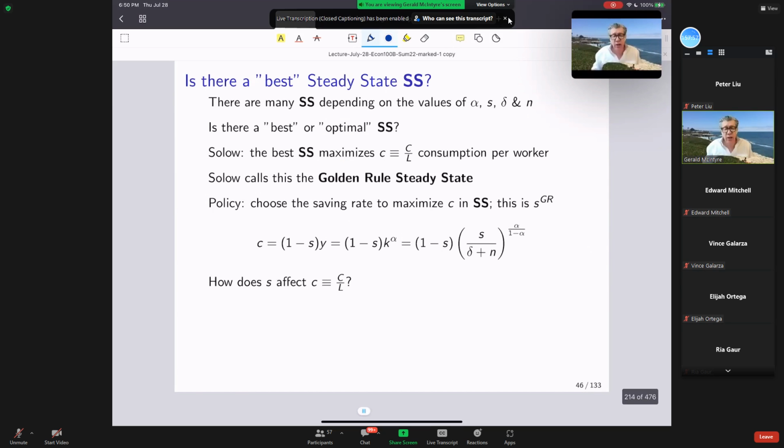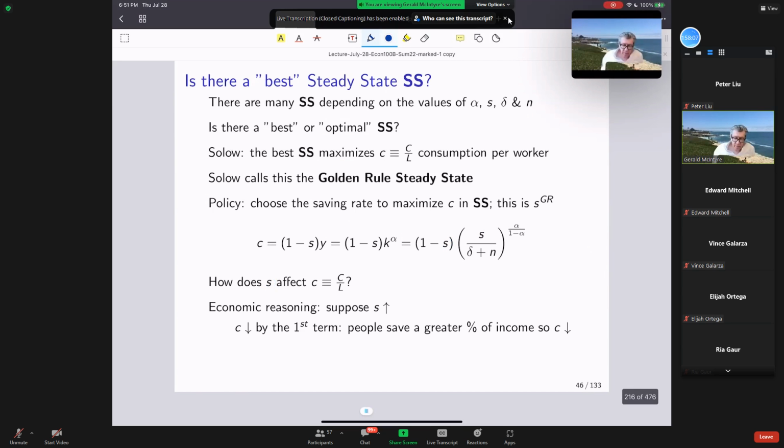So I would change savings. But notice the savings rate is in two places. It's in here, and that's in here. If savings increases, then this term rises, and because of the negative sign in front, consumption would fall. The idea is that if people save a greater percentage of their income, consumption, other things being equal, will have to fall. But the second term is here.